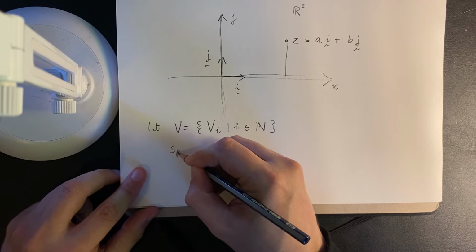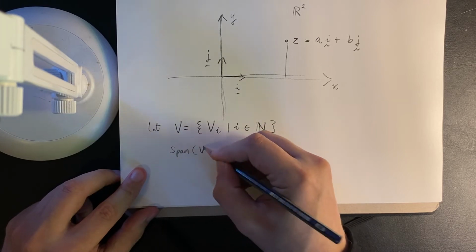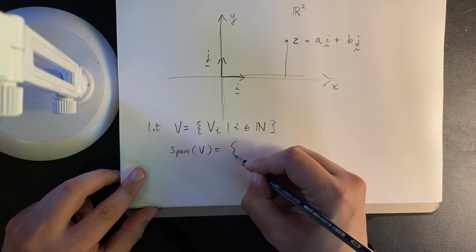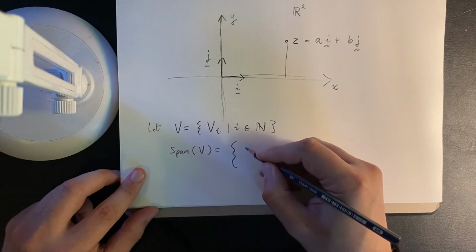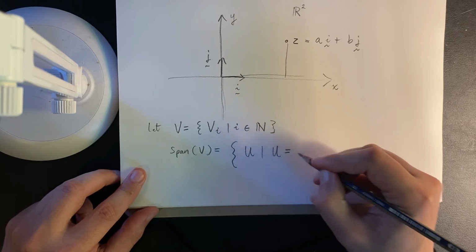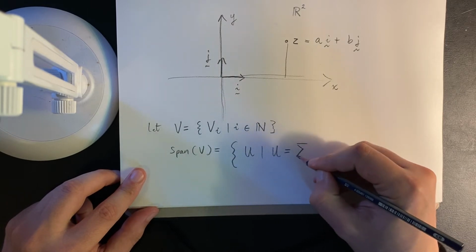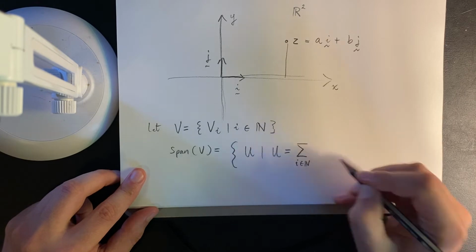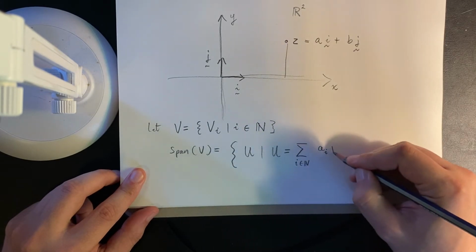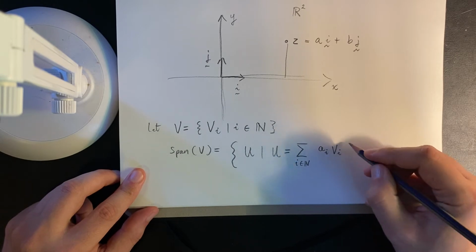Then we have the span of V is a set. We'll call this U, where U is a linear combination of coefficient times the vector.